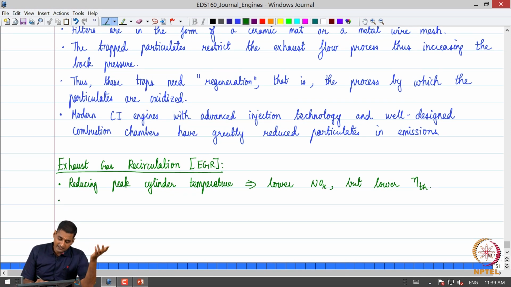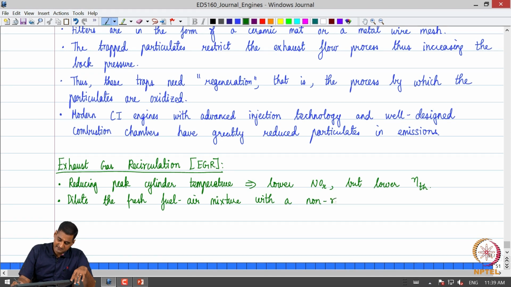So, how can we do this? We can dilute the fresh fuel air mixture with a non-reacting gas, and in the engine the exhaust gases fit this requirement.